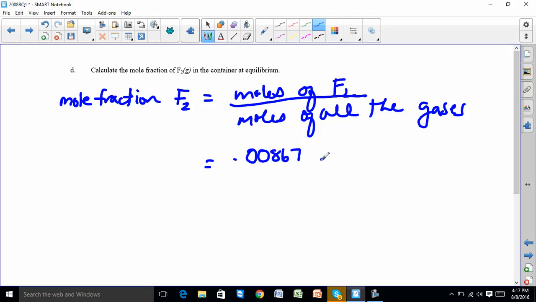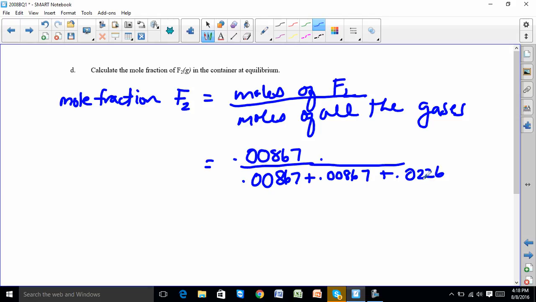And then, remember, that's moles per liter. Now, this is going to be 0.00867 plus 0.00867 plus 0.0226, because this is the molarity of the fluorine.